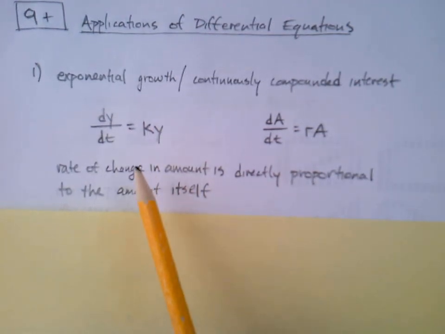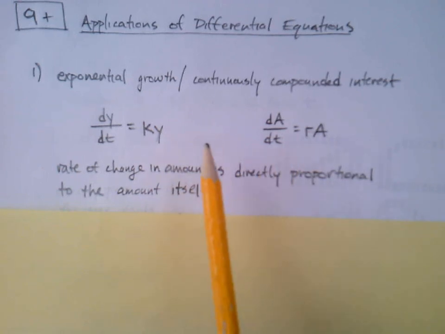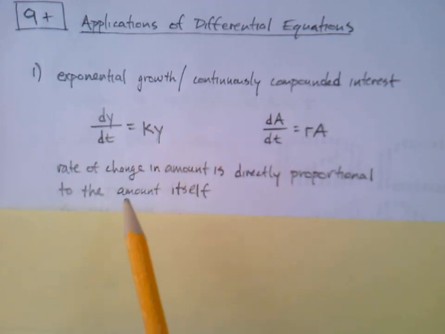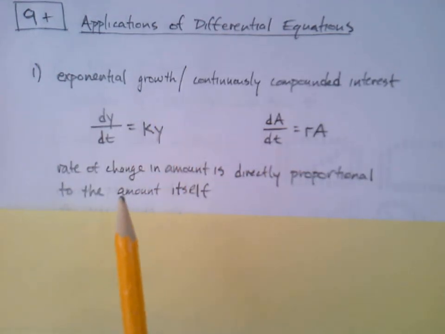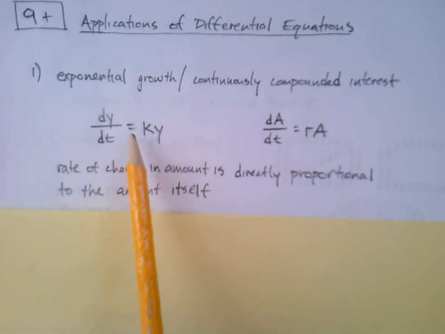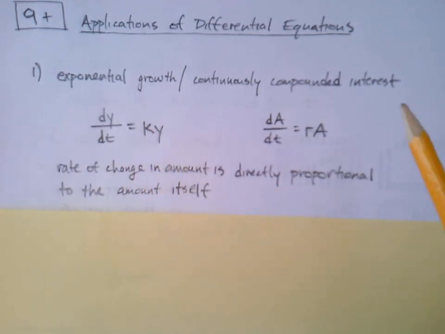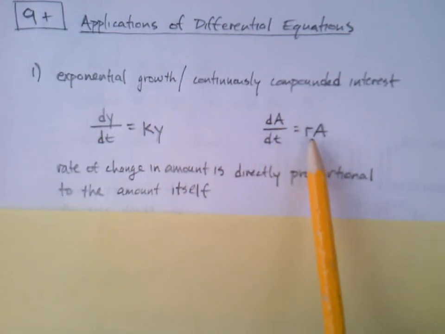So I've got the same differential equation here, although it's written a little bit differently depending on how we're thinking of it. If we're thinking of it as exponential growth, then the differential equation looks like dy over dt equals k times y. If we're thinking of it like it's compound interest, then we call it dA over dt equals r times A.